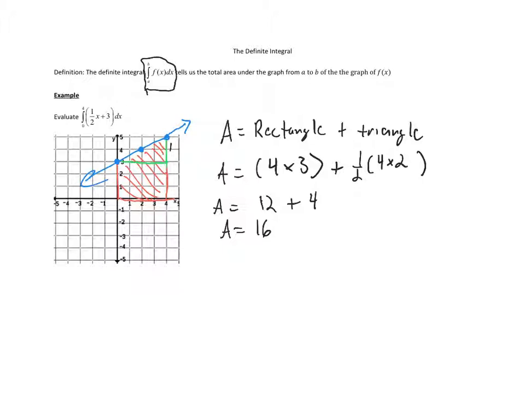The area underneath is 16. In other words, that red space has an area of 16. So I would say the definite integral from 0 to 4 of 1/2 x plus 3 dx equals 16.